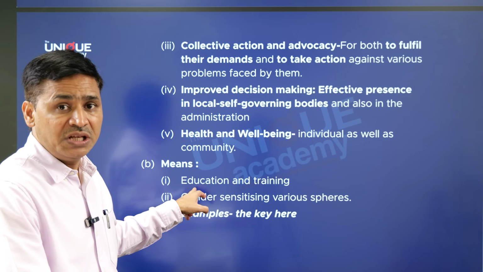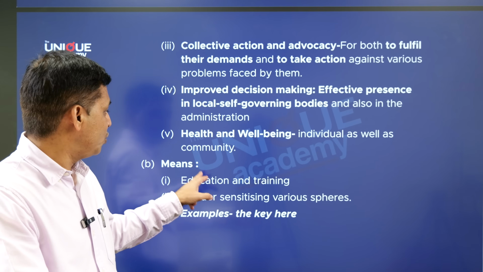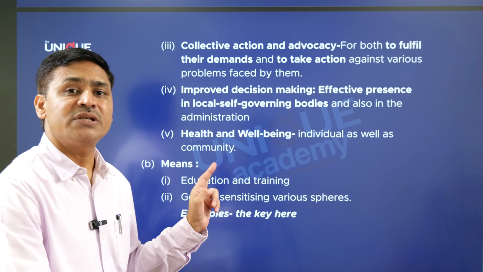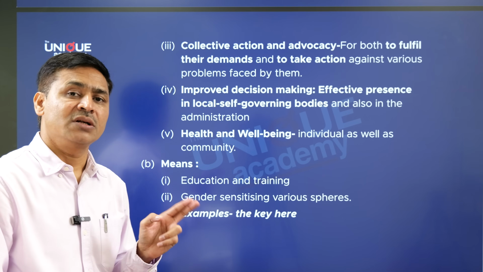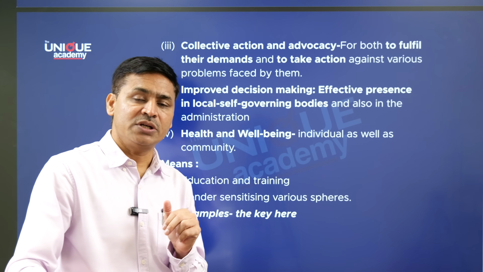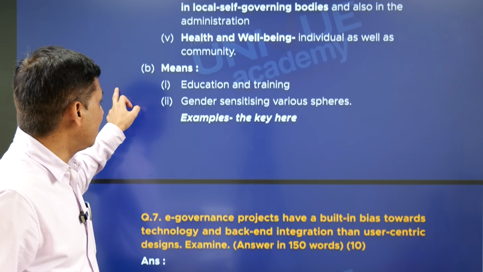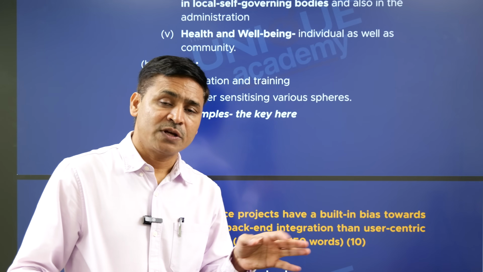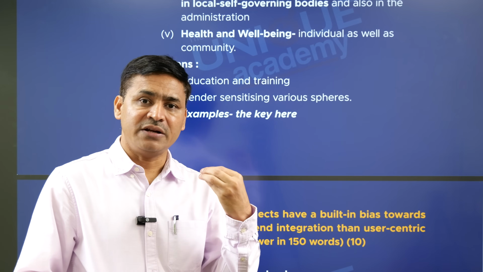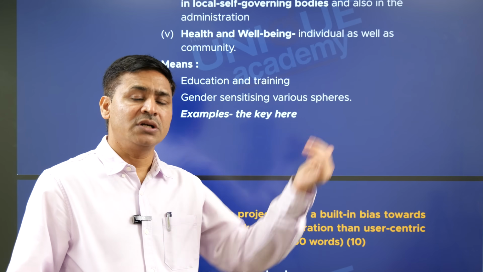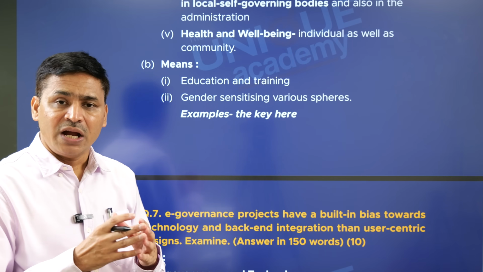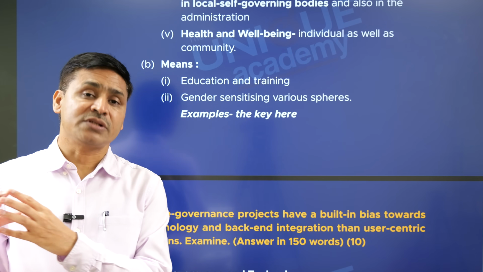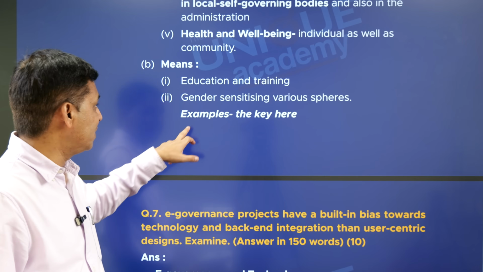There is one very important means: education and training. And when we say education, we are not essentially talking about formal education. Let us make it broad. And then gender sensitizing in various aspects, be that local bodies, administration, right from local to Union level, and importantly civil society. This sensitization is very important.